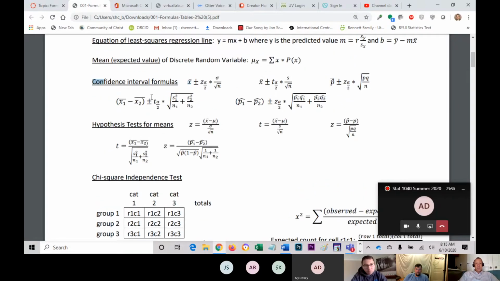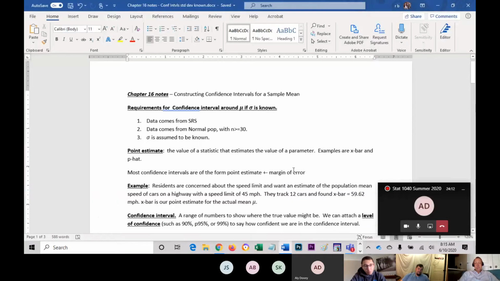These are your confidence interval formulas that we're going to be talking about this semester. So this is your point estimate x bar, and then plus or minus, this is your margin of error. This is going to be your point estimate p hat plus or minus your margin of error. And so everything that comes after the plus or minus is your margin of error. Okay, so let me ask you something here.